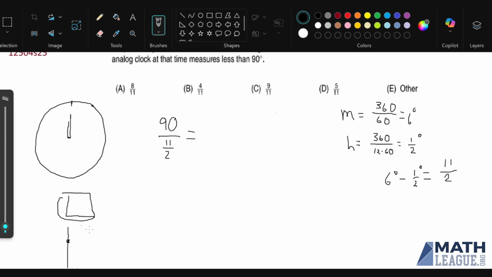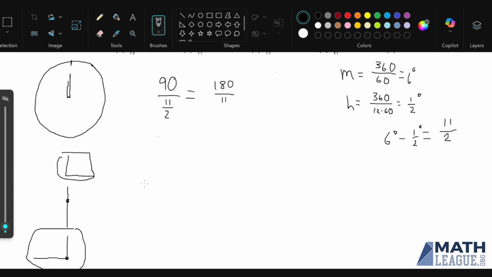And the minute and hour hands will form this 90-degree angle at 90 over 11 over 2, or 180 over 11 minutes. They'll be parallel at 180 over 11 over 2 minutes, but we don't really care about when they're parallel. We only care about when they're forming a right angle, because that's when they transition from having a smaller angle of less than 90 degrees to a smaller angle of more than 90 degrees.